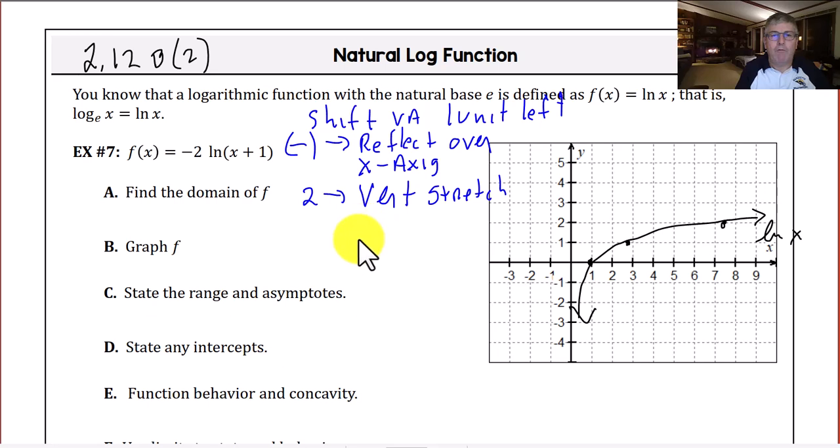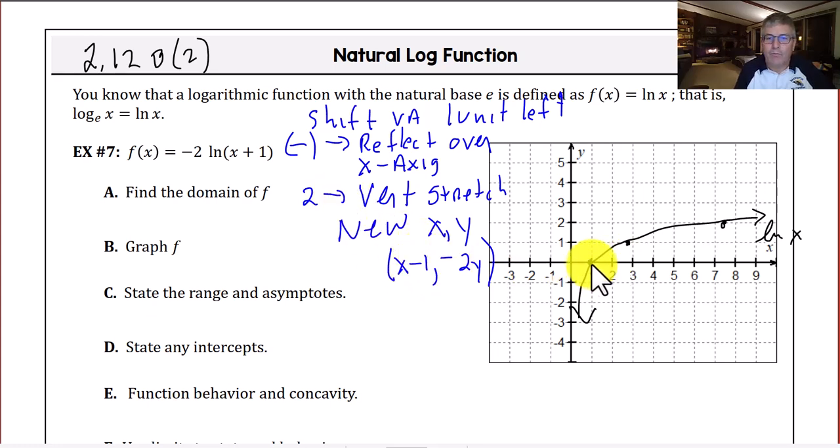So it might be helpful to write a new xy rule here. Our x's are going to shift 1 unit to the left, so our x is going to be x minus 1. Our y is going to be -2y. So for every x here, we're going to subtract 1 unit and do a -2y.